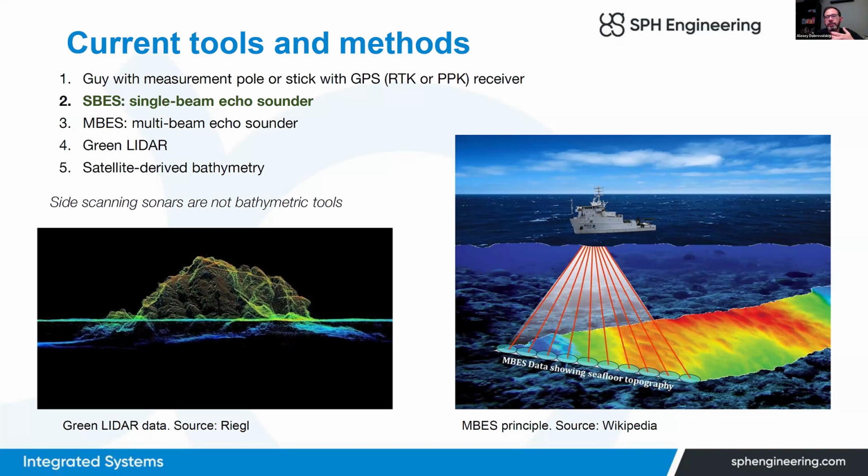And also, of course, it doesn't work for most inland water because it has a low resolution and the water is not transparent. So two flagship technologies actually are single beam and multi-beam echo sounder systems.